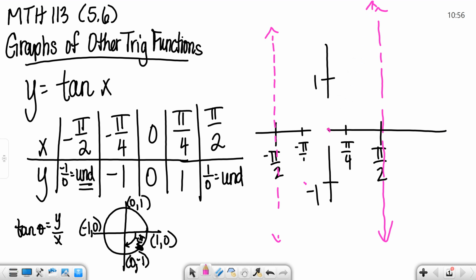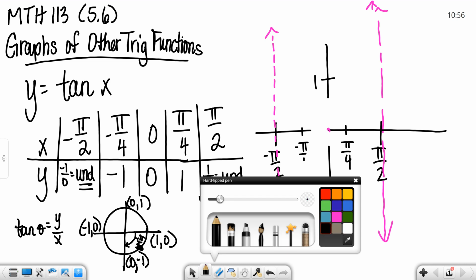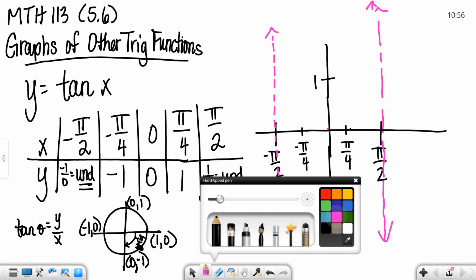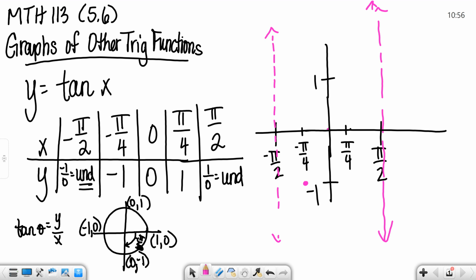I just don't like the way that curve looked. Put some of my stuff back on here. All right, so really close to the asymptote. All right, good enough, good enough.